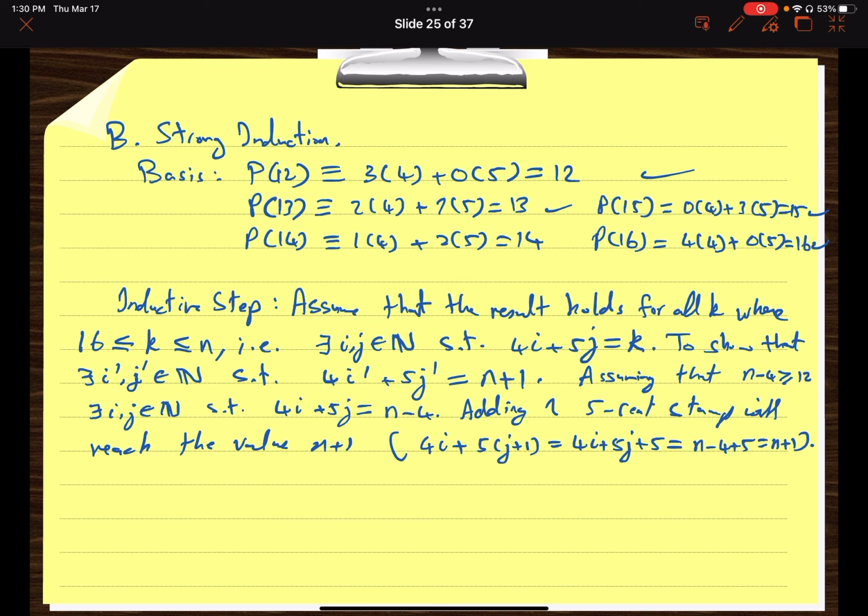In that case, my base case, the k should be greater than or equal to what? I will n minus 3 greater than or equal to 12. So n greater than or equal to what? 15. I don't need to really prove 16. I really do not need the proof for P16. I can just stop at 15, use P of n minus 3, add 1 4-cent stamp. I'm done.